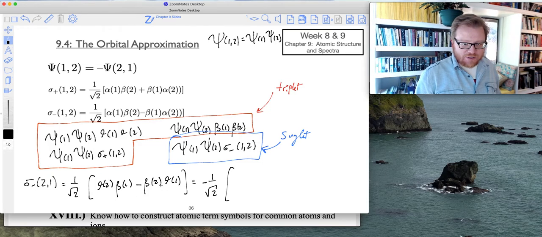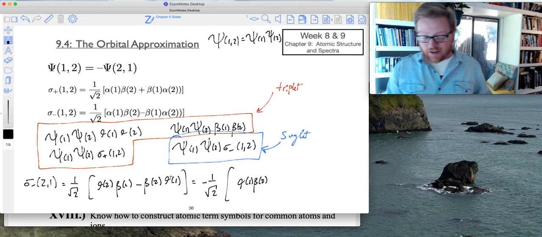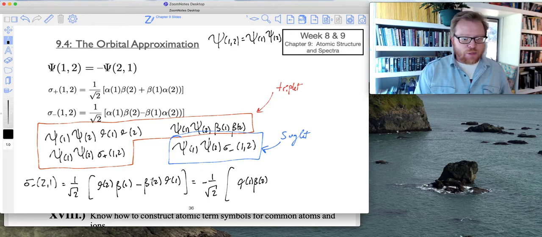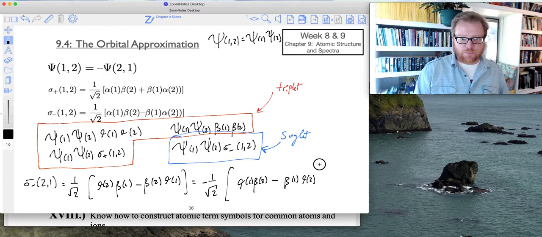So this is my positive term, and I'm going to write that as alpha 1 beta 2. It was written as beta 2 alpha 1, but because this operation is just multiplication, I can write it in the other order. And this term, because I factored out the negative, is going to be negative, so I'll write that as negative beta 1 alpha 2.